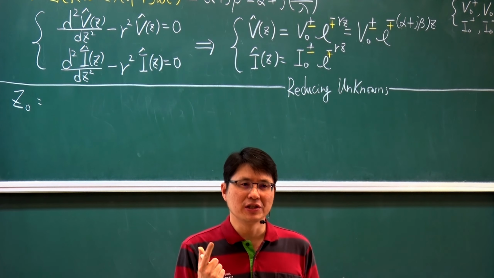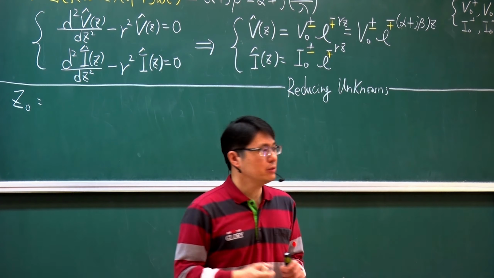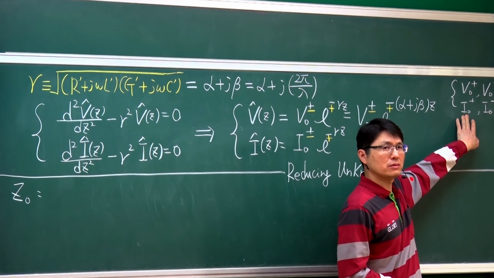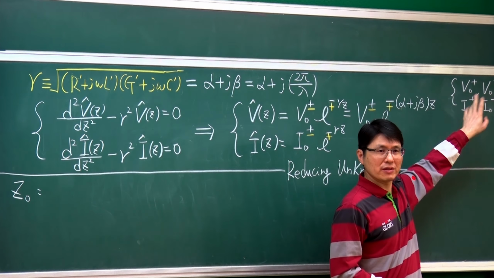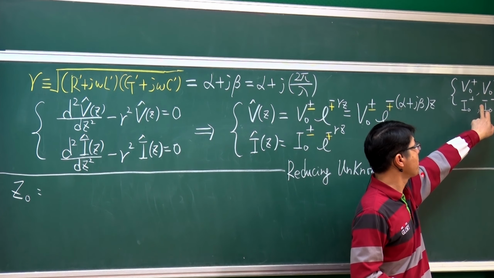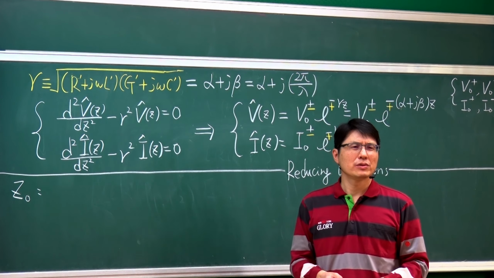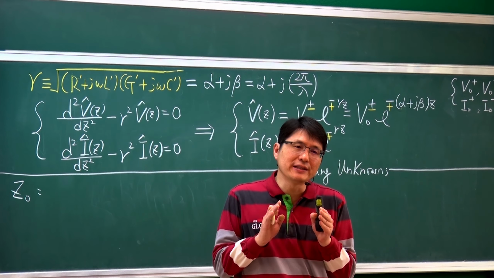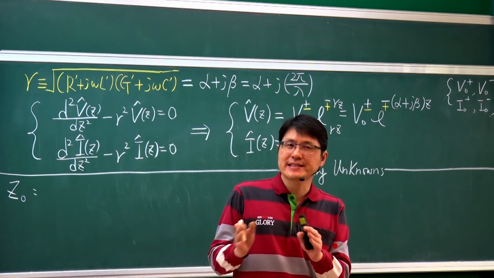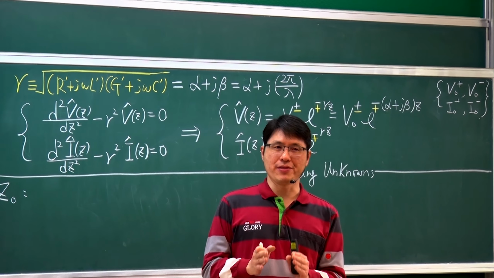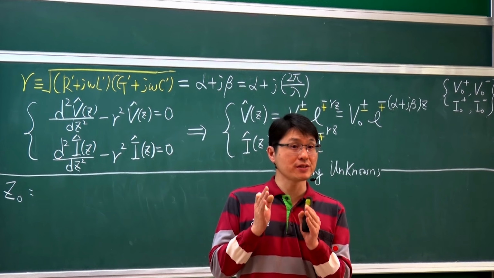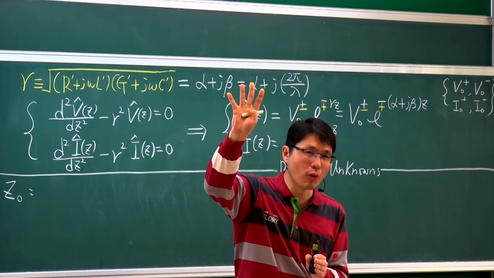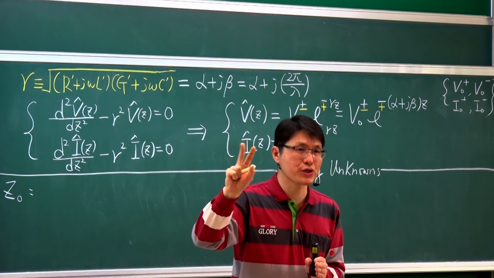So the question is, V0, I0, voltage and current, they're divided into forward and backward. Are they really different? If they're not really that different, then I can somehow simplify them and reduce the number of unknowns by half. So I can start with 4 and I come up with 2.